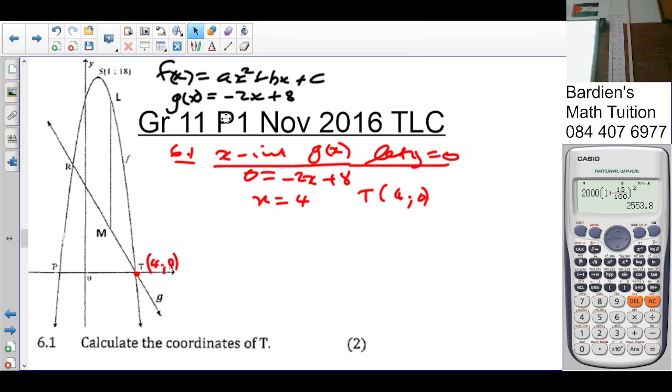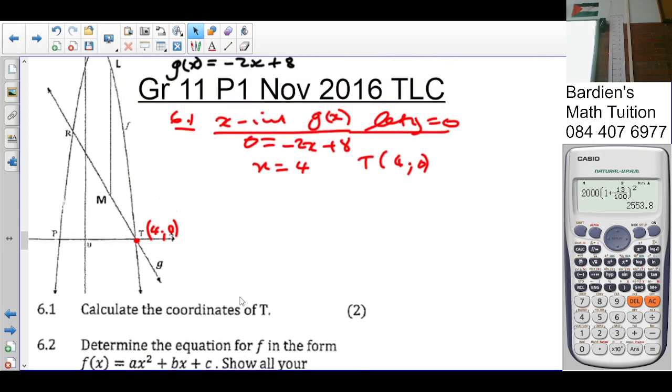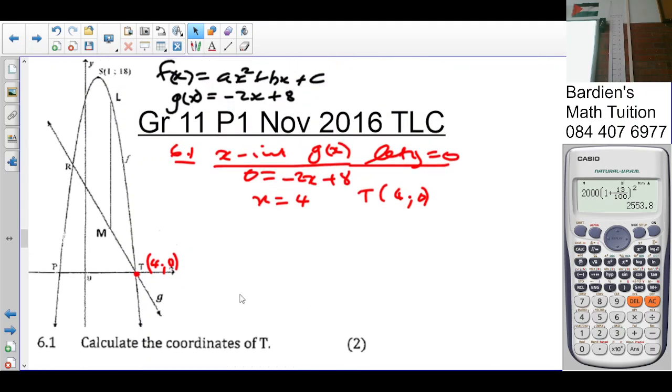The next question they ask us to determine the equation of f in the form of f of x equal to ax squared plus bx plus c, showing all working, or all calculations. Something you must note here is that if we need to determine the equation, it depends on what is given to us. As you can see here, we are given the turning point.